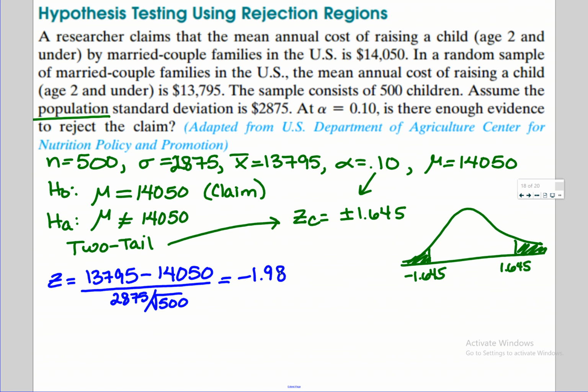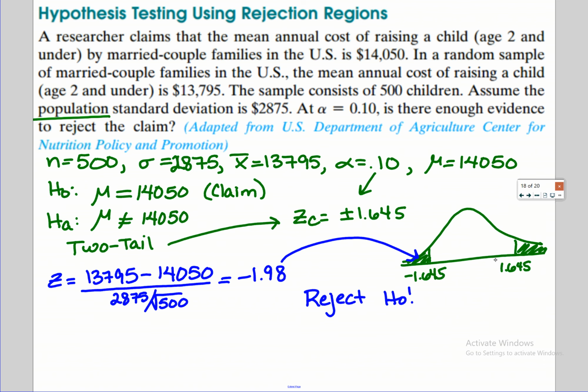Is that in either of my rejection regions? Yes. So do we reject or not reject? If it's in the rejection region, we reject the null hypothesis. Okay, so that's our decision. All right, so now let's summarize that.